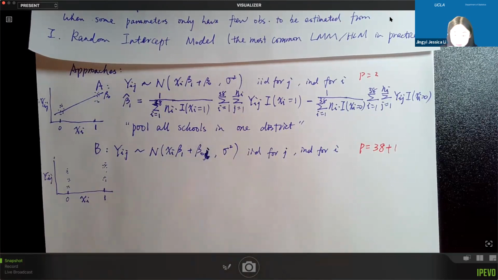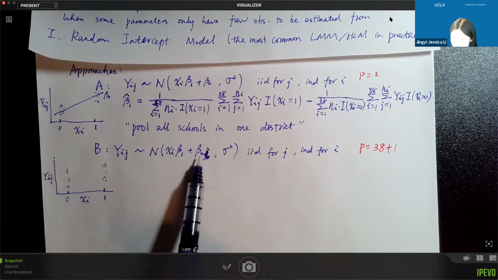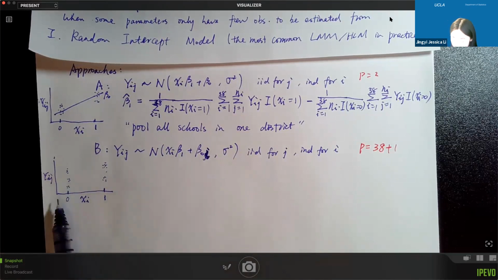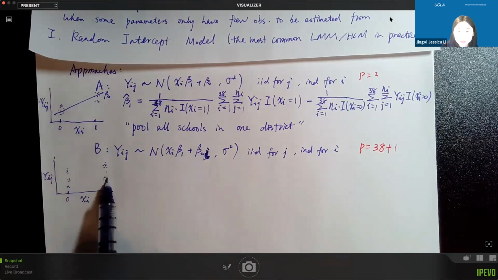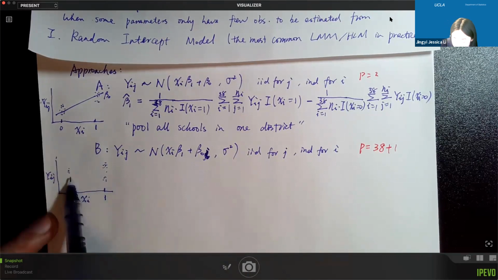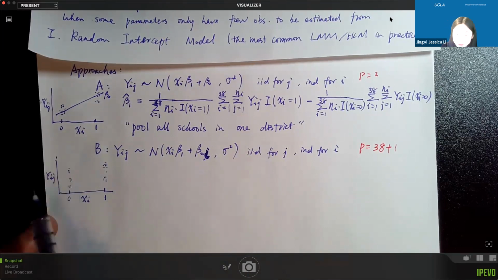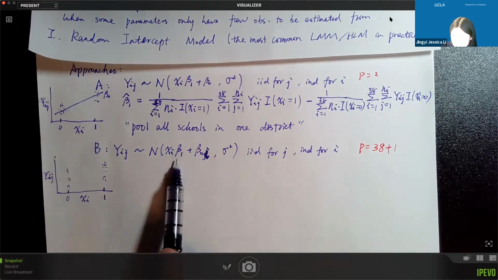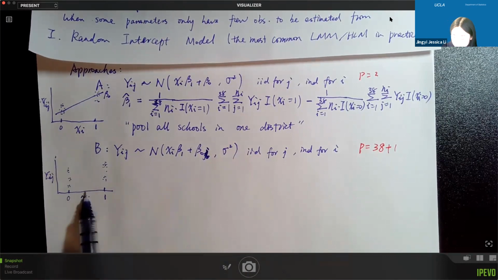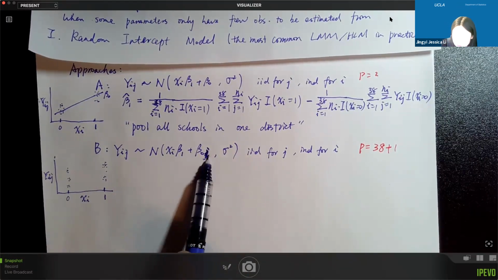But here the thing is a little bit trickier. I think the example here is trickier in that you do not have a school that belongs to both 0 and 1. You just have a school either here or here. So in other words, the intercept must be estimated from this school in just one condition. That is a combination of both the effect of school district as well as the baseline of that school on its own.